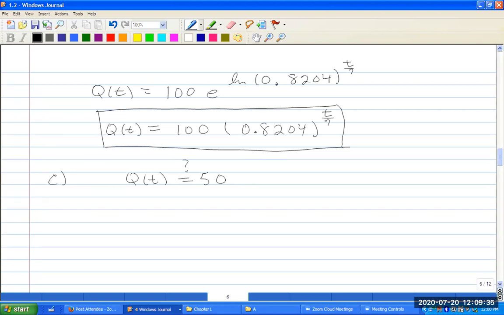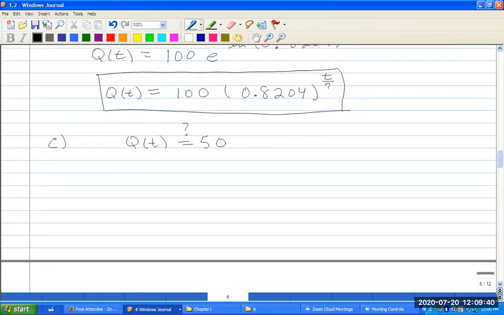Let me just set this equal to 50. So 50 equals 100 times 0.8204 to the t over 7. I could have actually left it in the previous form, it doesn't really matter. Divide by 100. Take ln of both sides of my equation.